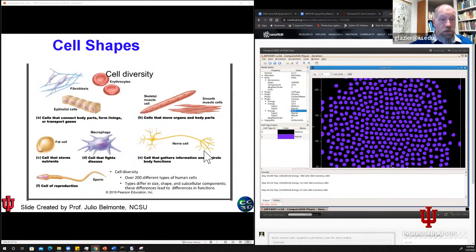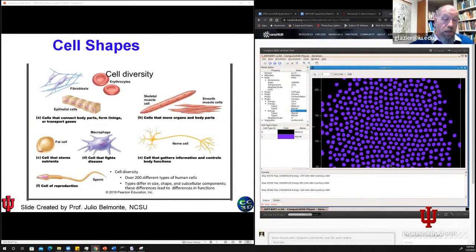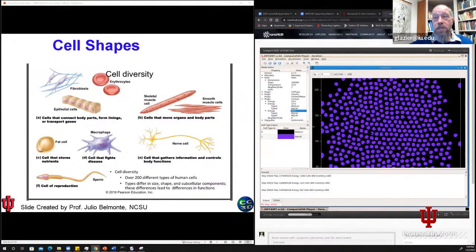So let's talk about cell shape a little bit. The things that we have to control cell shape in this simulation at the moment are very limited. We have two parameters, cell medium and cell energy. That's it. Real cells have an incredible range of shapes.